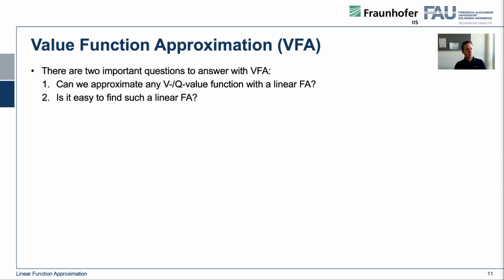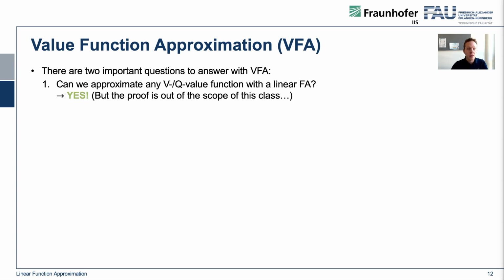So now we talked about whether we can approximate our V or state value function or state-action value function with linear value function approximation. Maybe some of you know this, there is the universal approximation theorem stating that, given enough parameters, you can approximate any function.